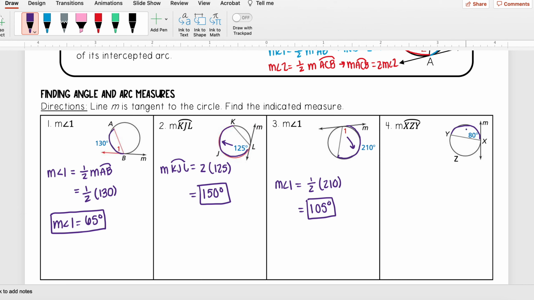So I can first find the measure of XY, which I know is going to be twice the measure of that angle, so 2 times 80 to get 160. And so then to find the measure of XZY, I just need to take 360 minus 160. And I get that this is going to be equal to 200 degrees.